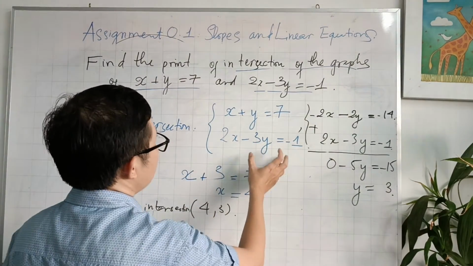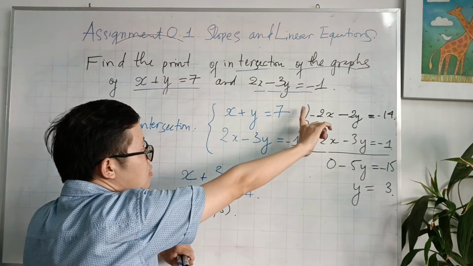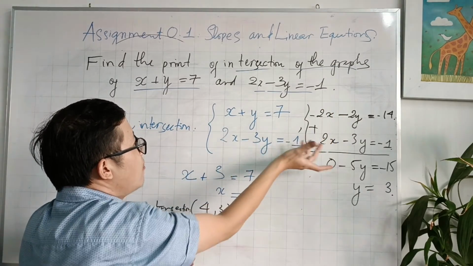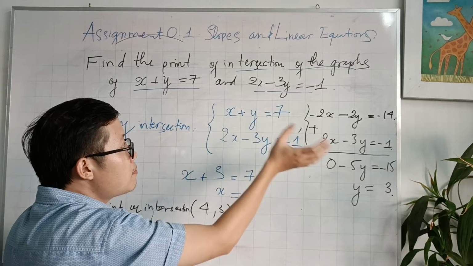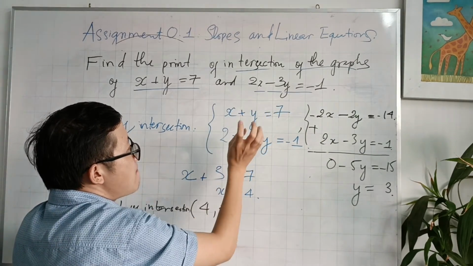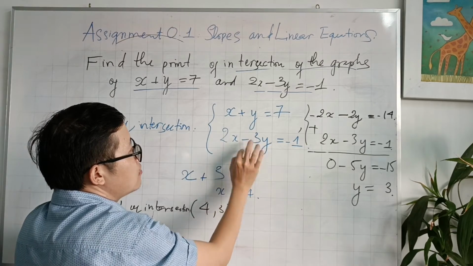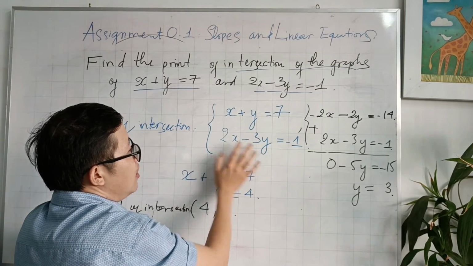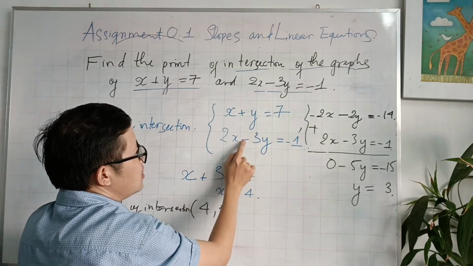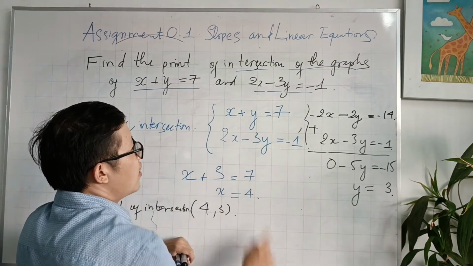Maybe you can solve the equation system another way, by multiplying both sides of the first equation by positive 3, the opposite of the coefficient before y.